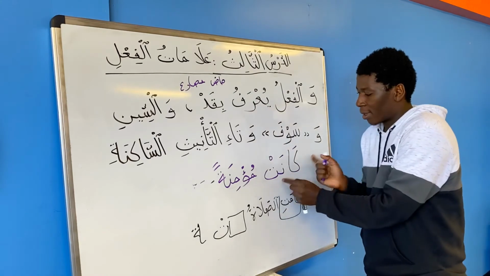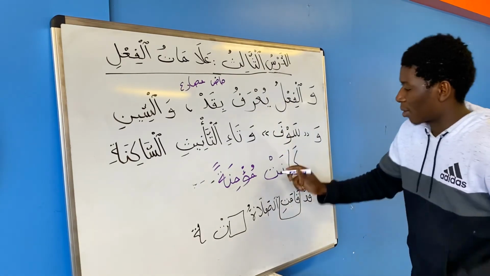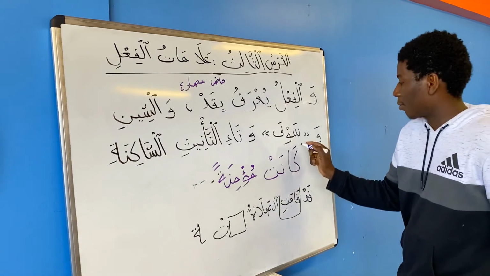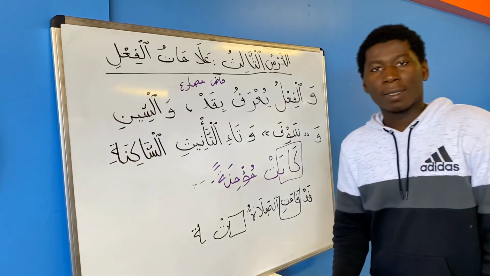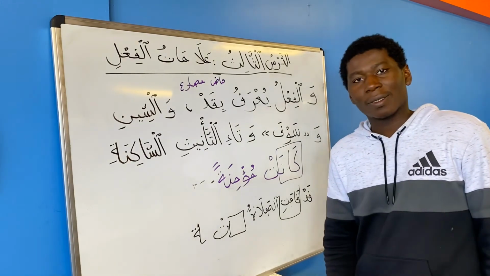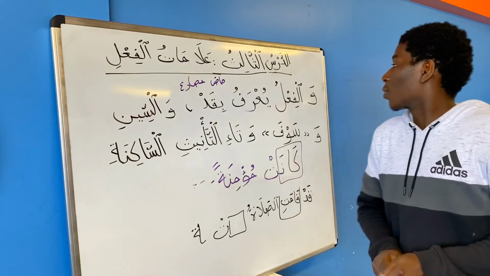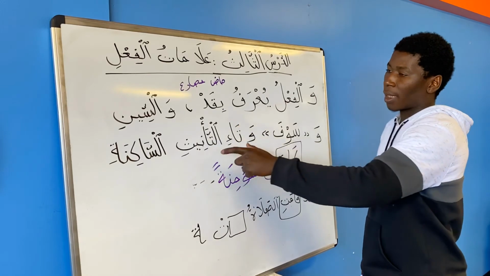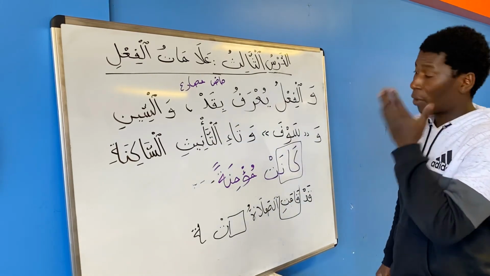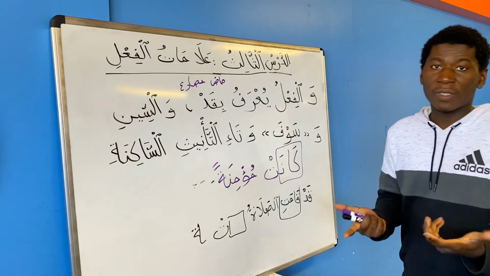So I know that this is a verb, because after ta'nith is sakina, so this has to be a verb. But what tense? Past tense. It can't be present tense or future tense. So it's only past tense. So these are the three things that you will use when you're trying to see if the word you're given is a verb.